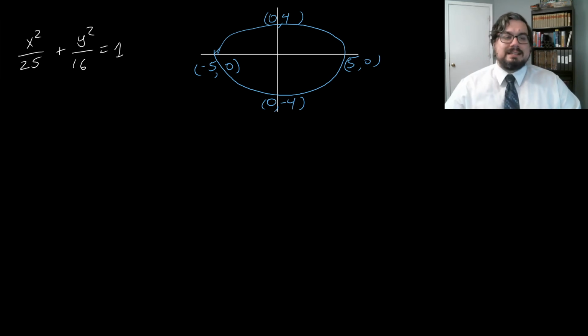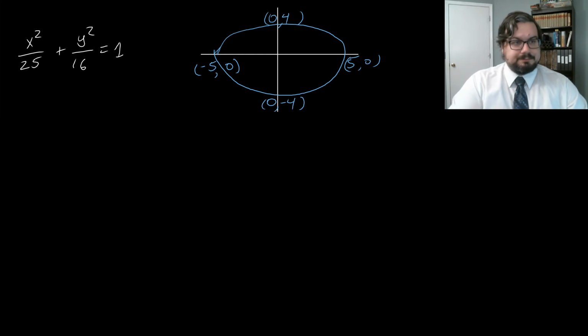So we can't describe the whole ellipse as a function of a variable, but we can describe half of the ellipse as a function of the variable. And we can describe either the top half, the bottom half, the right half, or the left half.